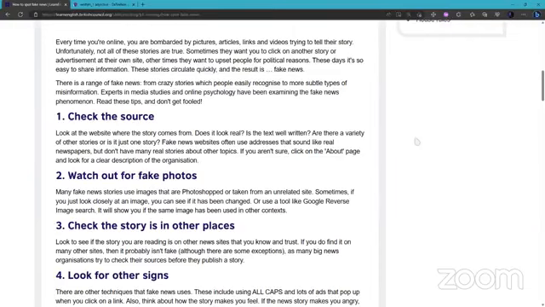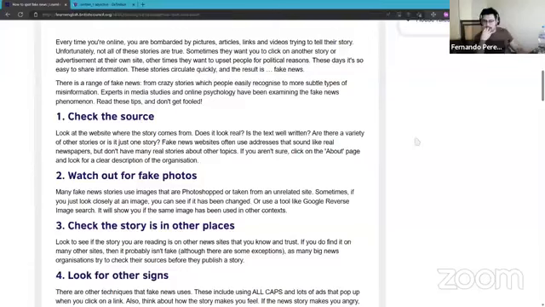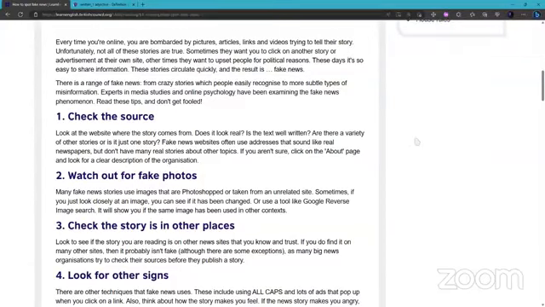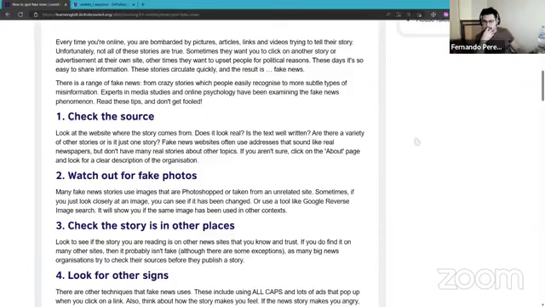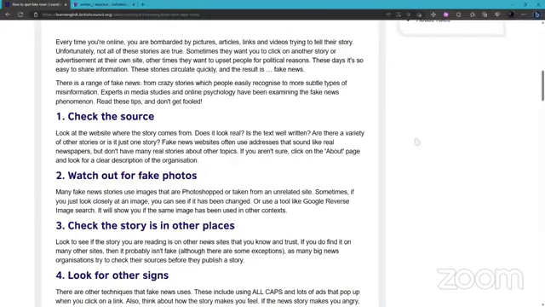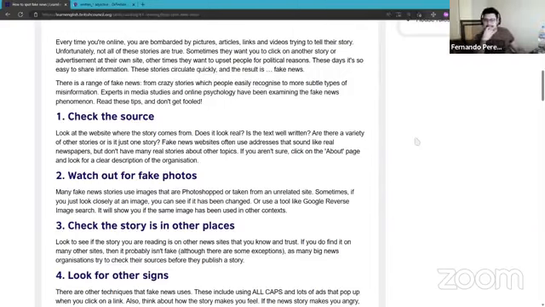Fake news websites often use addresses that sound like real newspapers, but don't have many real stories about other topics. The text doesn't say that. My question is, what is the tip that the text is giving you?